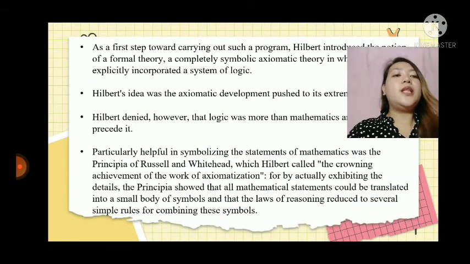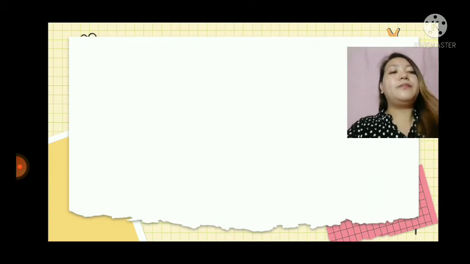Particularly helpful in symbolizing the statements of mathematics was the Principia of Russell and Whitehead, which Hilbert called the crowning achievement of the work of axiomatization, for by actually exhibiting the details, the Principia showed that all mathematical statements could be translated into a small body of symbols, and that the laws of reasoning reduced to several simple rules for combining these symbols.